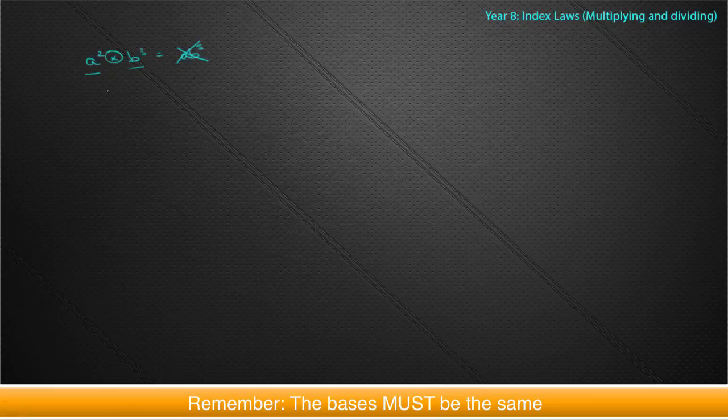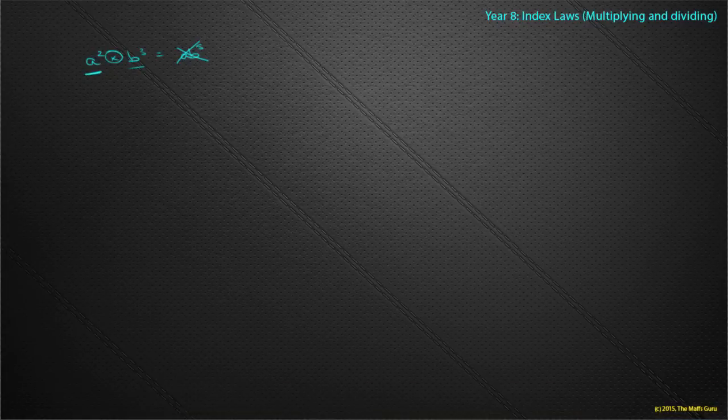No. They are connected by a times, but this a and this b are not the same, and so any answer I would try and get would be stupid. All that kissy kissy will do is bring the two things closer together because they're in love. And so remember, that would be just written as a squared and b cubed. This is fabulous, Mr. Smith. This is very exciting.